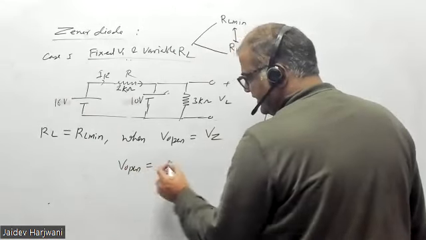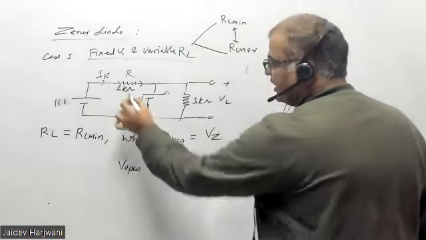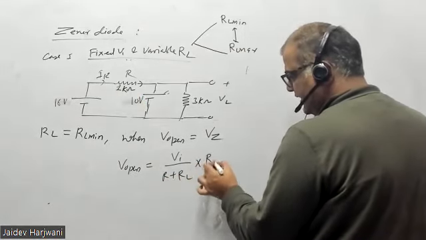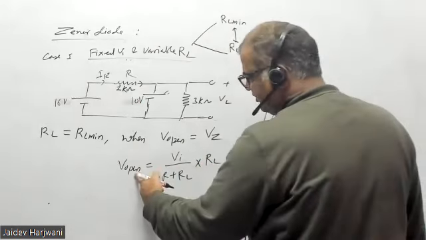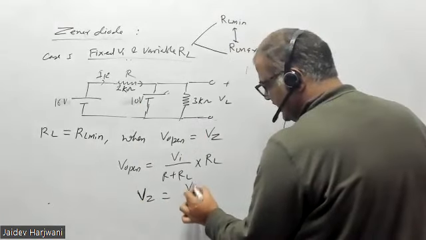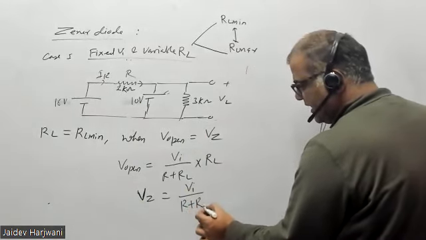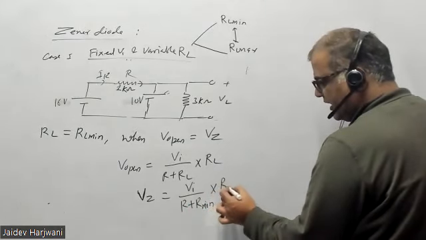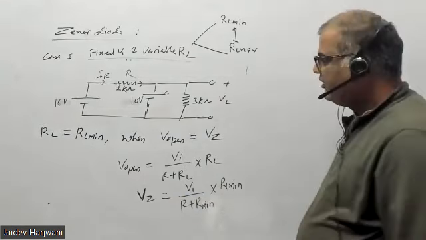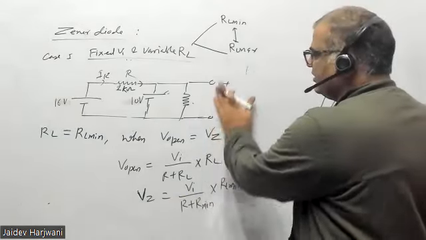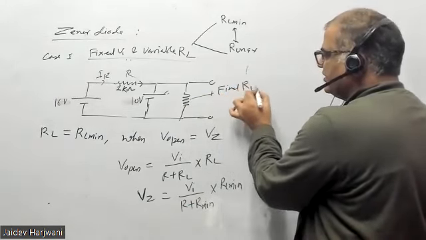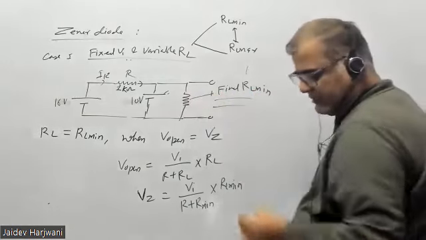V open is V input upon R plus RL, into RL. If you keep V open equal to Vz, then this becomes V input upon R plus RL minimum, into RL minimum. Using this equation, you can find the value of RL minimum. So now find the RL minimum for this circuit.